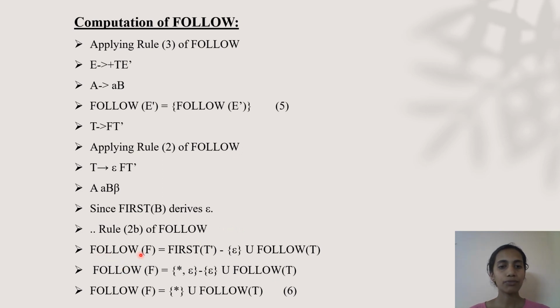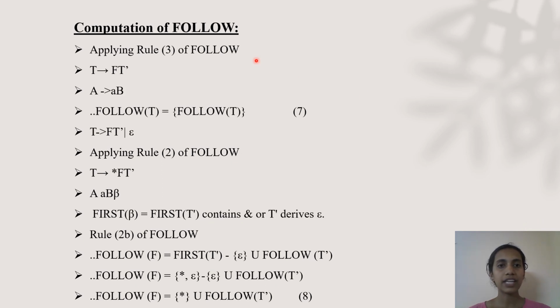Then follow of F is equals to first of T dash minus epsilon union follow of T, where follow of F is equals to star comma epsilon minus epsilon union follow of T, where first of T dash is star comma epsilon. Then the final step is follow of F is equals to star union follow of T. This is the sixth equation.